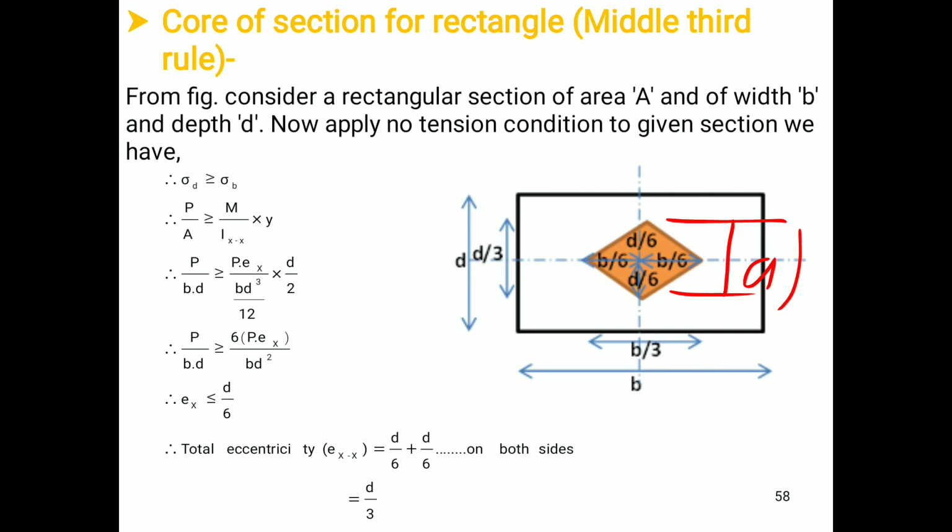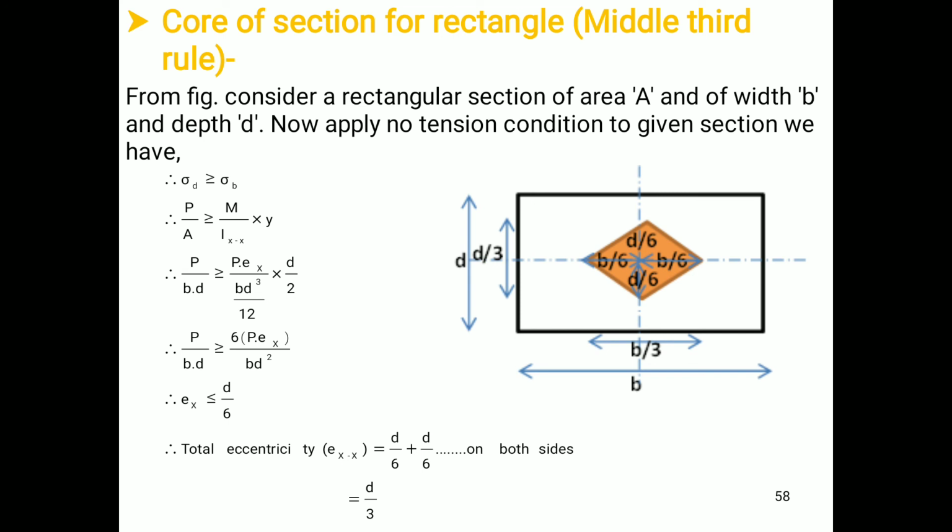To avoid tensile stresses in the rectangular cross section of the column, we have to apply the load at an eccentricity of D by 6 from the centroidal axis, and the total value will be D by 3.